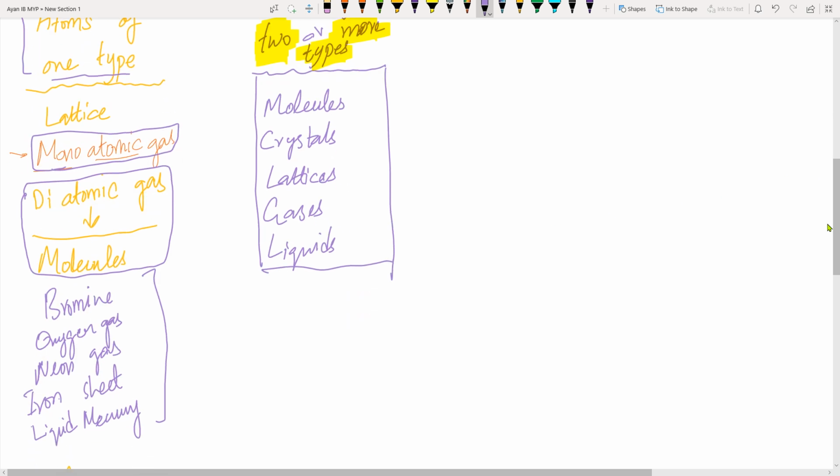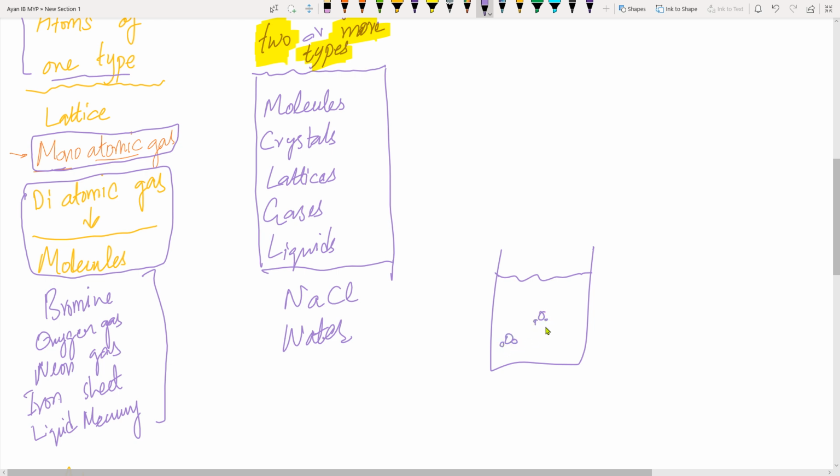When we have compounds, we have NaCl, salt, which is a crystal. Then for a liquid we have water, which is also a compound. If you pick up a pure glass of water, it is only going to have water molecules in it. I'm just depicting these. I'm going to take you to the lab and build these molecules as well for you, and show the 3D features as well. So this is sodium chloride, water.